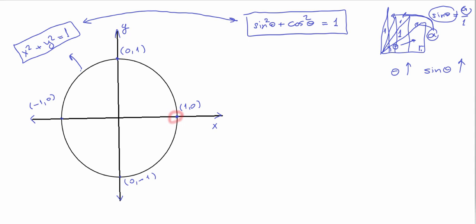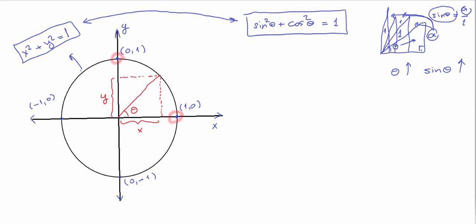So at this point y value is 0, and at this point y value is 1. When I have an angle here, let's call this angle theta, and when this theta gets bigger, the y value of that theta gets bigger, because y value is this, and x value is this one here.